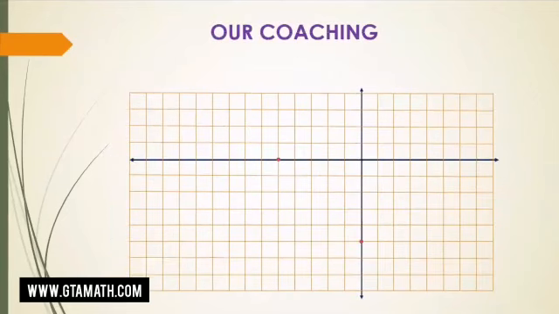What is our coaching? First of all, we make the axis scale value every 5 units, going to be 1 value. Similarly, negative 1 on the x-axis, and negative 1 on the y-axis being plotted. Now the point for the b value, which is negative 7 over 5, is plotted at the perfect spot.